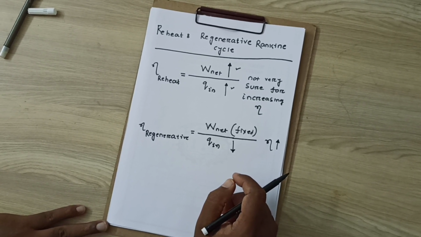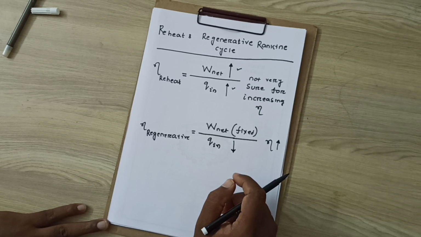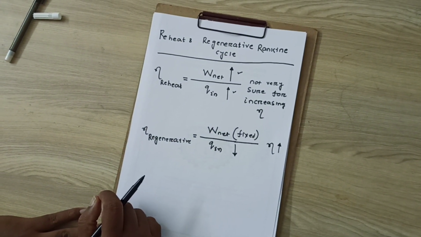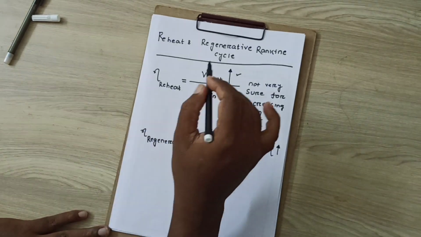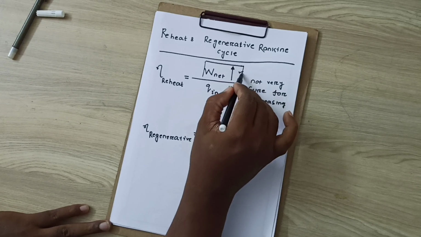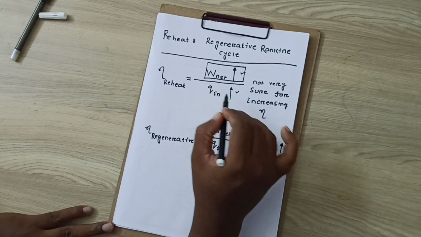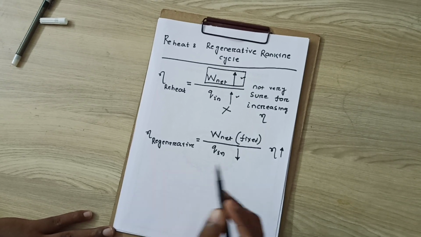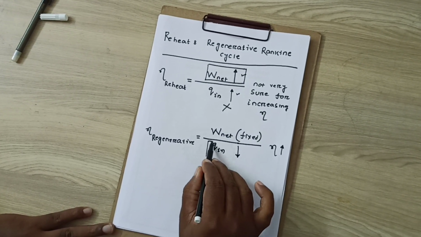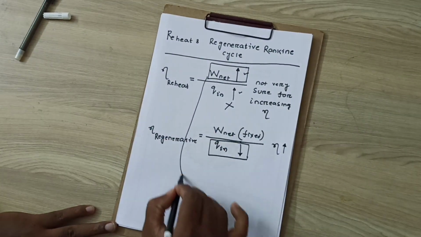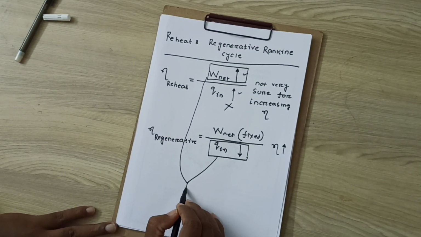So we will add the benefit or advantage of both the reheat and regenerative cycle. What is the advantage of the reheat cycle? The advantage of the reheat cycle is this one. We will take this one, and this part we will cross. And what is the advantage of the regenerative cycle? The advantage of the regenerative cycle is this one. If both of these are added, then this we will add and here this we will add.